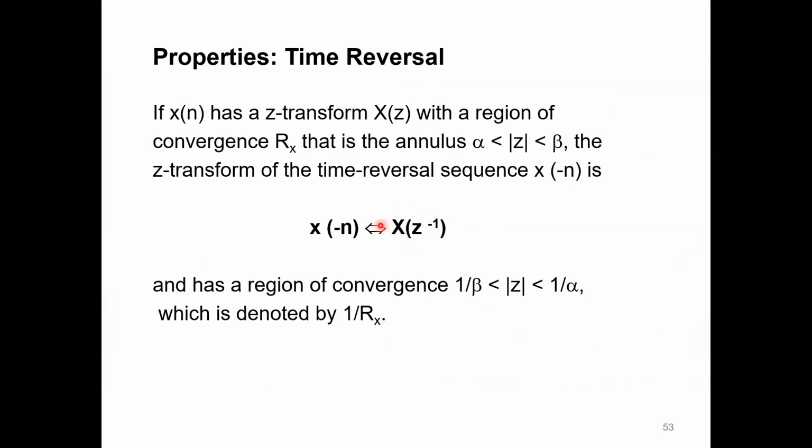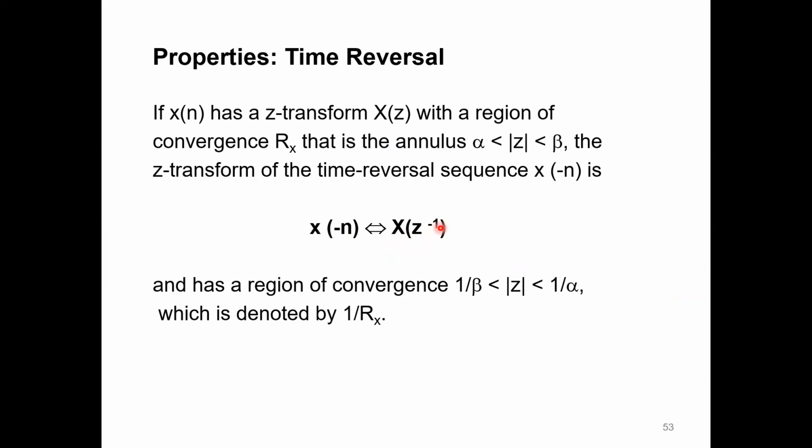And there are other properties also. I'm not going to take you through all of these properties again. It's not a standard Z transform course. I just want to revise time reversal for you also. If n is replaced by minus n, which means it's not going from left to right but from right to left, then the Z transform will change this way: z to the minus 1.